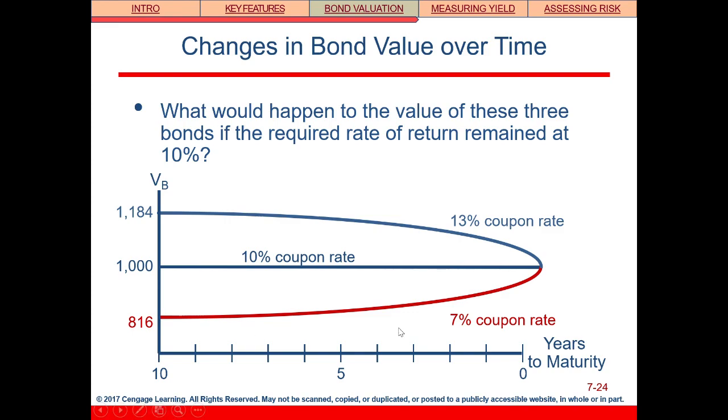The difference is where it started from. If it's a higher coupon interest rate, the bond was selling at a premium, then the value of the bond is going to decline slowly till its maturity date. And if it was a discount bond, then the value of the bond is going to increase slowly to its face value till maturity date.